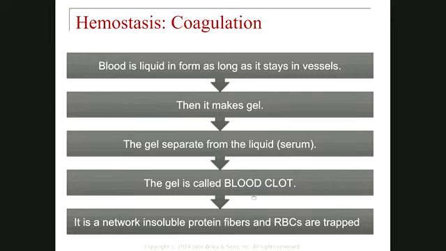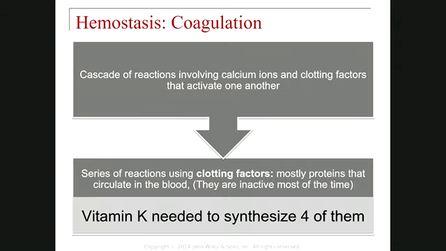And after that, when the serum goes out, the gel is called blood clot. It's a network of insoluble protein and fibers, which we call fibrin, and they can trap the red blood cells, white blood cells, and platelets inside. And I will show you the picture in the next slide.